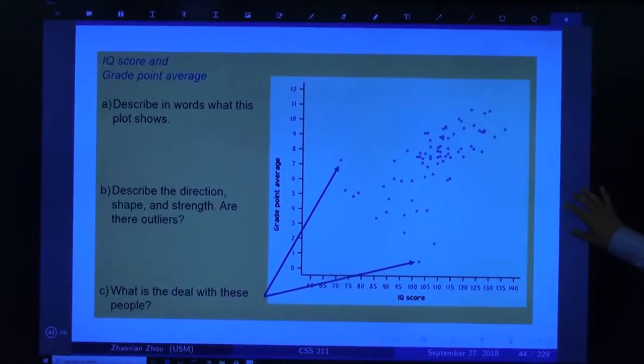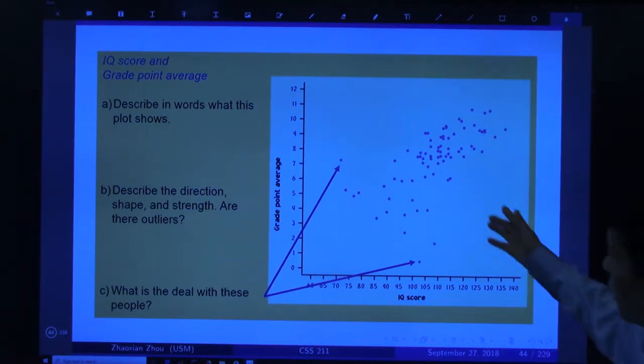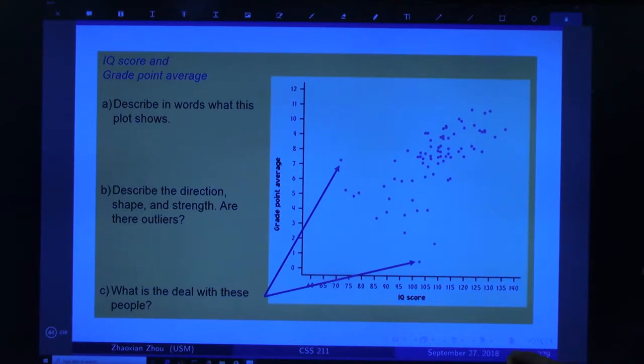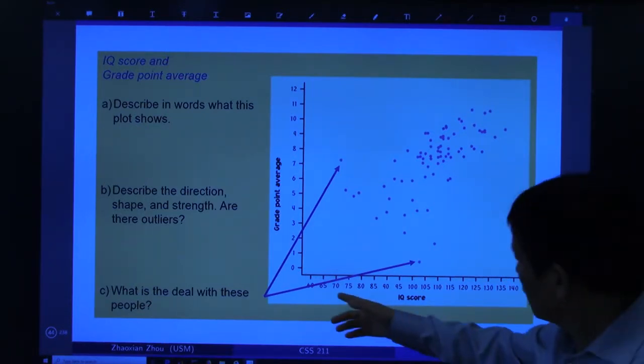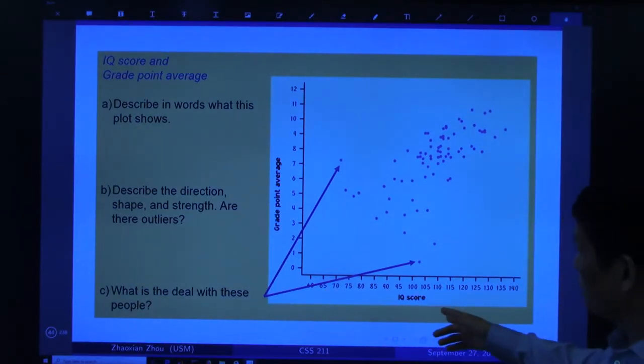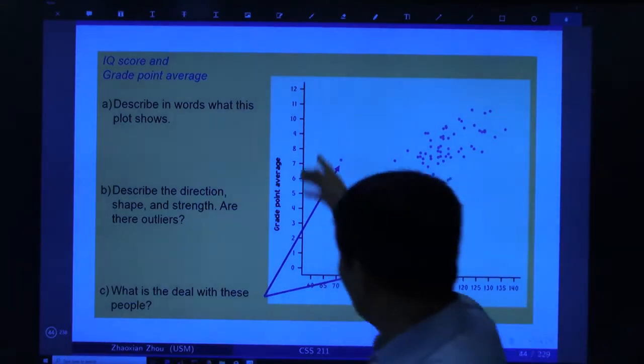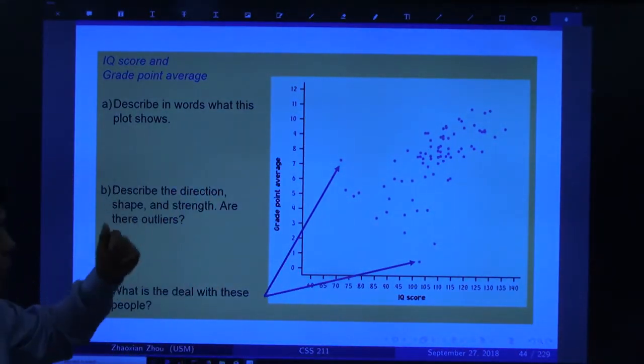Here we have another example. Once we are given or we draw the scatter plot, we need to know how to interpret it. Here we are given a scatter plot. The x variable is the IQ score, and the y variable is the GPA.